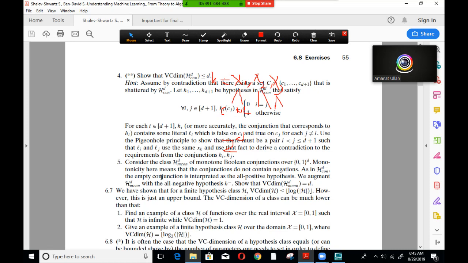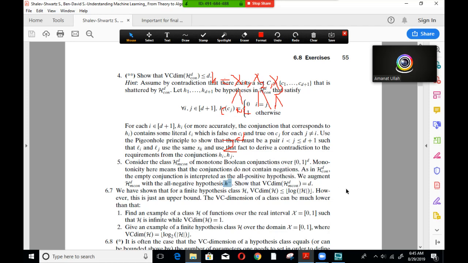The empty conjunction is interpreted as all positive hypothesis. So the empty one means all positive hypothesis. We augment H_COM with the all negative hypothesis. And basically I think they're referring that we don't need the all negative hypothesis here.